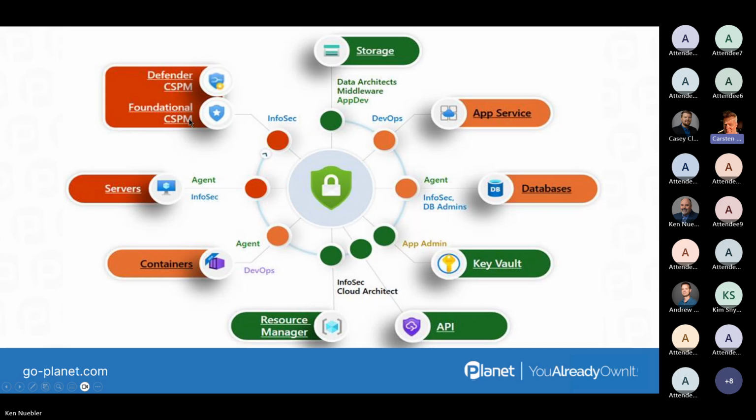The foundational one is free. It's with Defender. I do not think it's enabled by default, so that is something you need to take a look at in your environment. Of course, the servers is the workload protection. The same goes for the containers, the resource manager, API, Key Vault, databases, app services and storage.